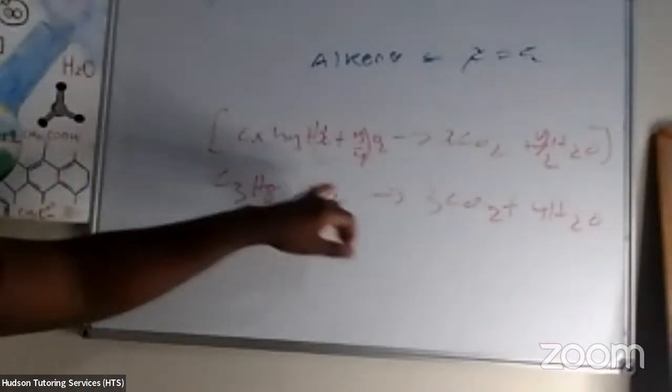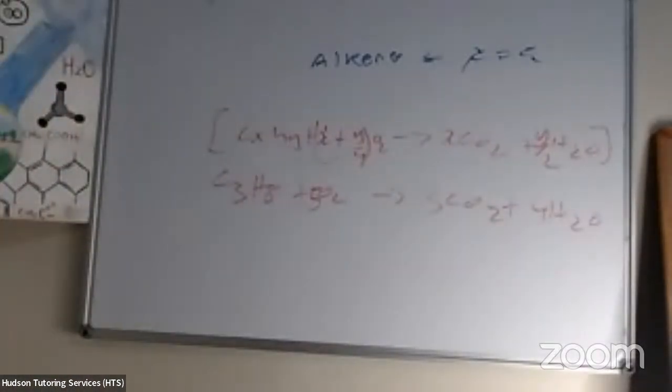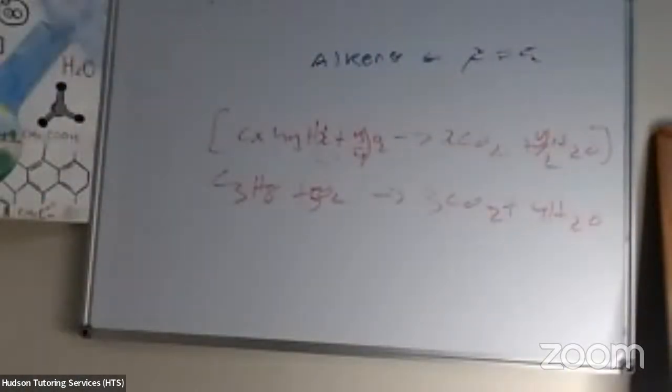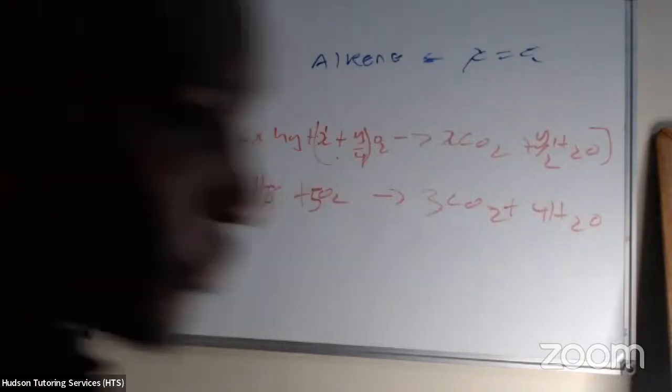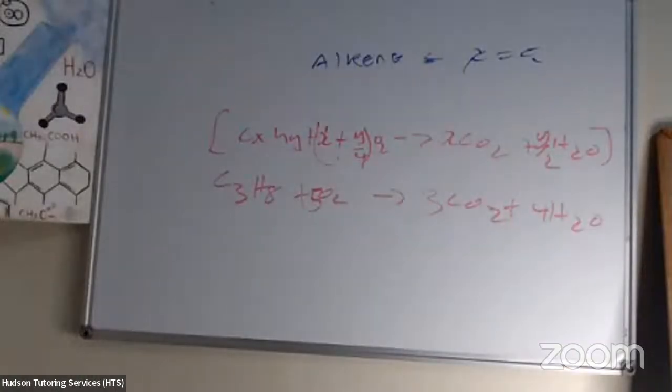Y over 2, so it's 8 over 2, which is 4. That's why I get that. All right, good.